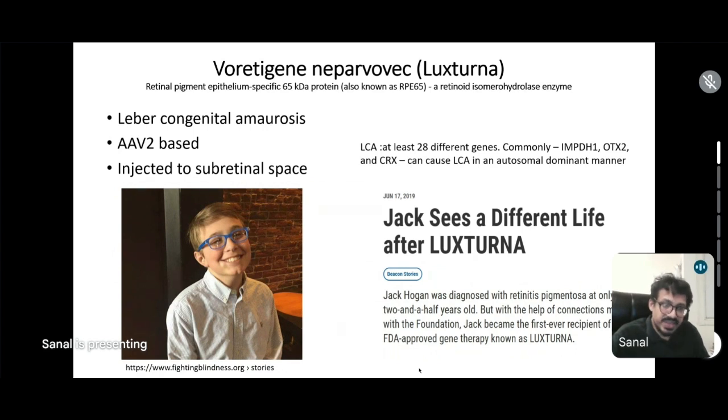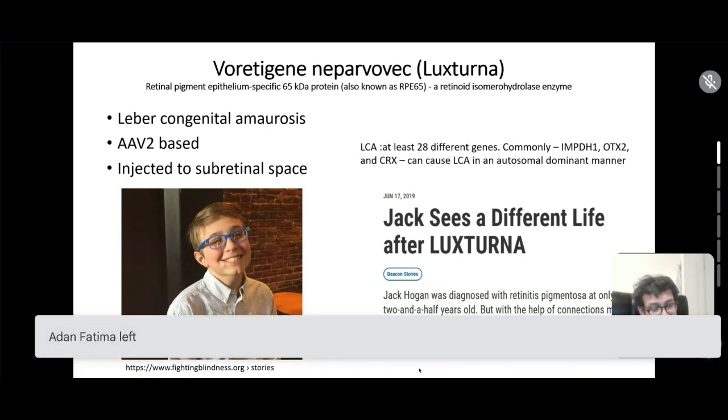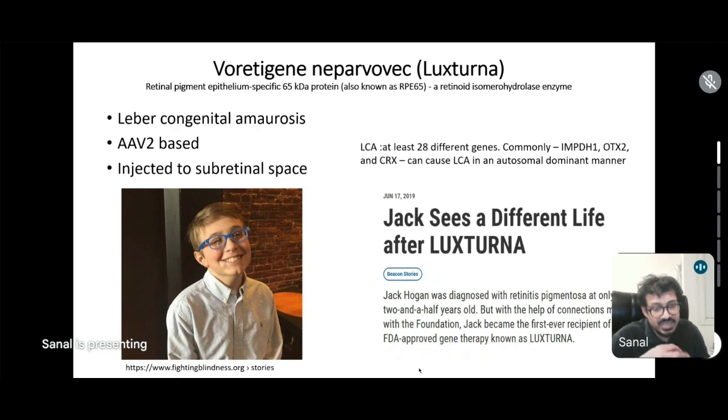The virus containing the corrected gene was injected into the subretinal space. Again, why AAV was used? Because the affected tissue is retina, and retinal cells don't divide. They usually shed, but they don't divide. Only the tips are shed. So retina is a good tissue for adeno-associated virus-based gene therapy.